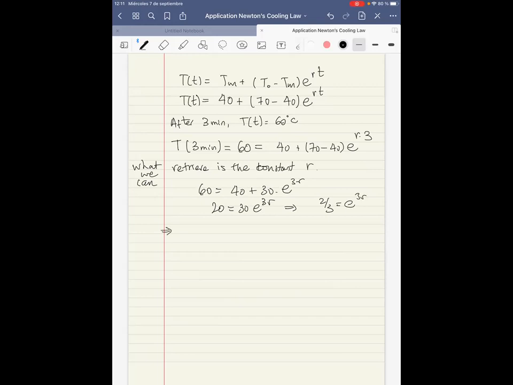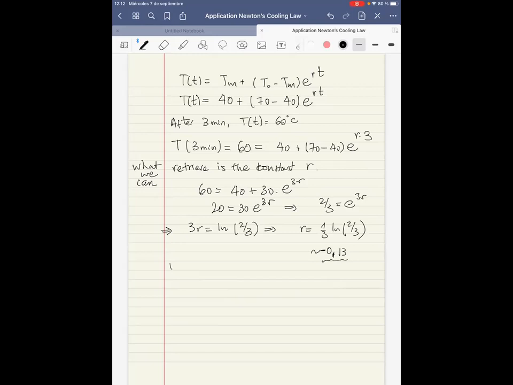Taking logarithms, 3R is going to be the Neperian logarithm of 2/3. So R is 1/3 of the logarithm of 2/3. If you compute this, it is approximately minus 0.13. I put commas because I'm European, but you can put a point if you are watching this from the United States.